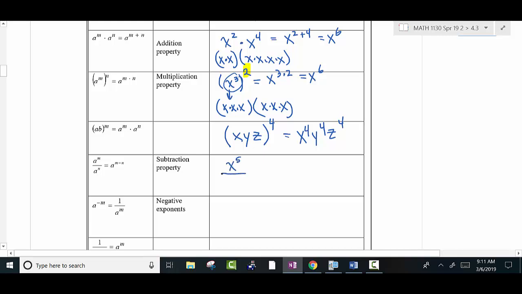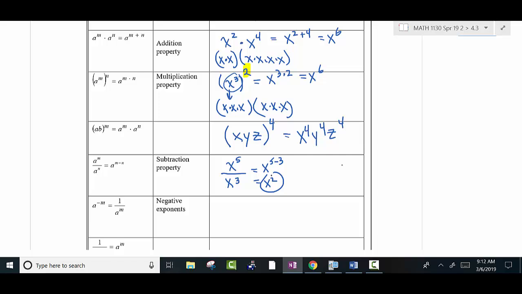If you have x to the fifth over x to the third, you subtract exponents, so you would get x to the second. The way I always teach this is very logical. It's really all you're doing is which part of the fraction has more x's. The top has more, the top has 2 more, right? So you end up with 2 after they cancel out.